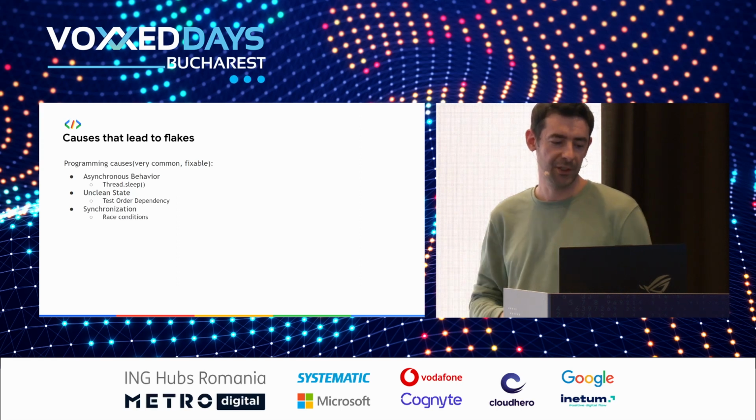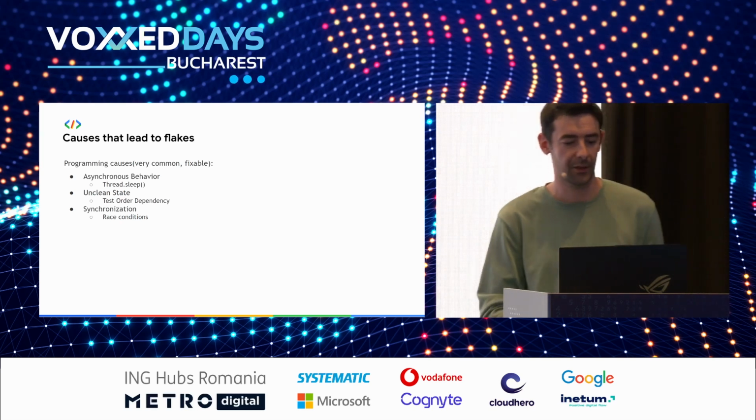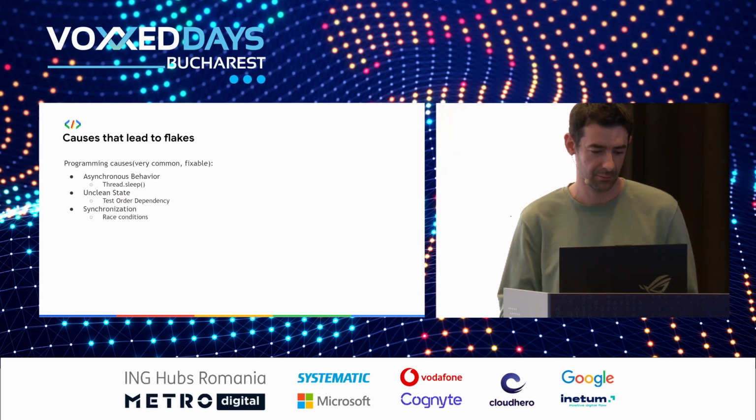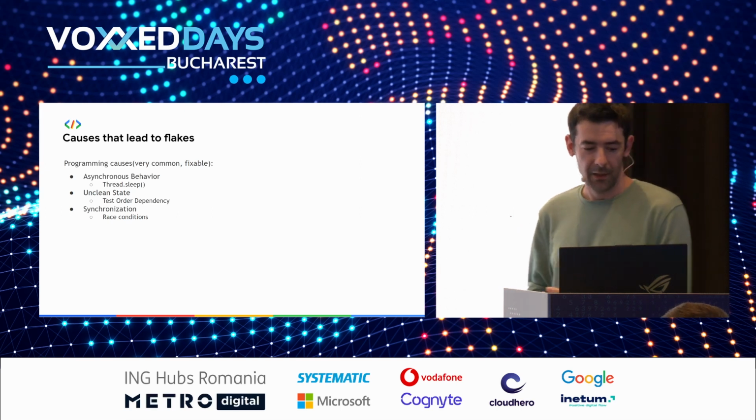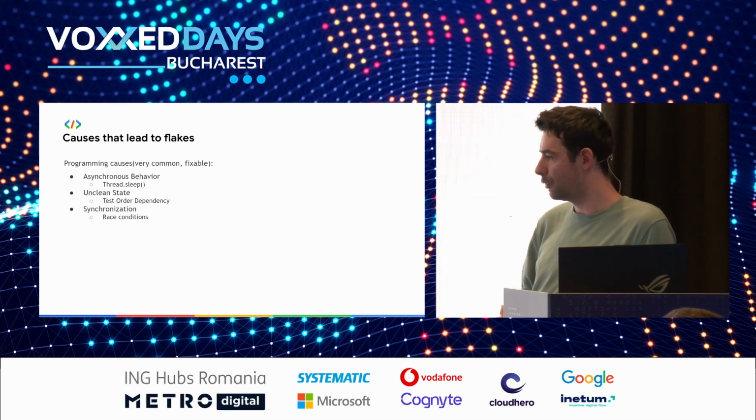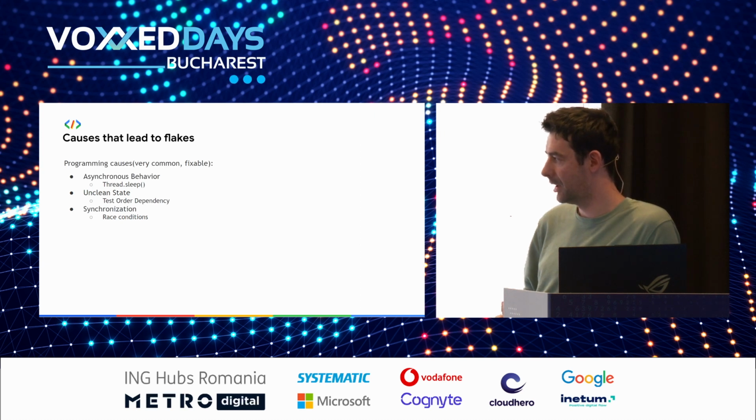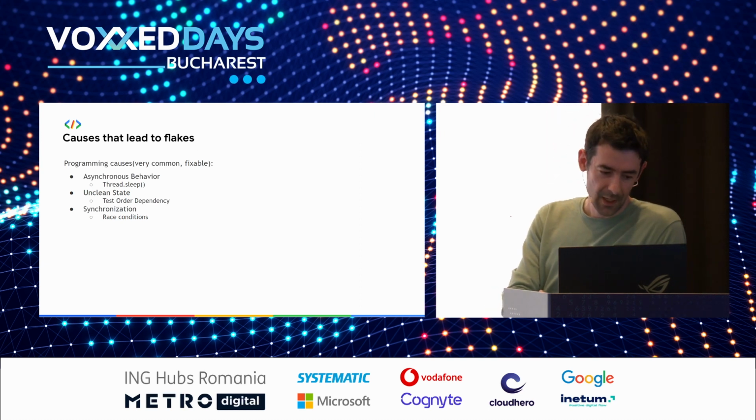I would say race condition in this particular category is probably the only reason. As I said, race conditions are notoriously hard to find, but fortunately, in testing at least, you don't find that many flaky tests that have synchronization issues.